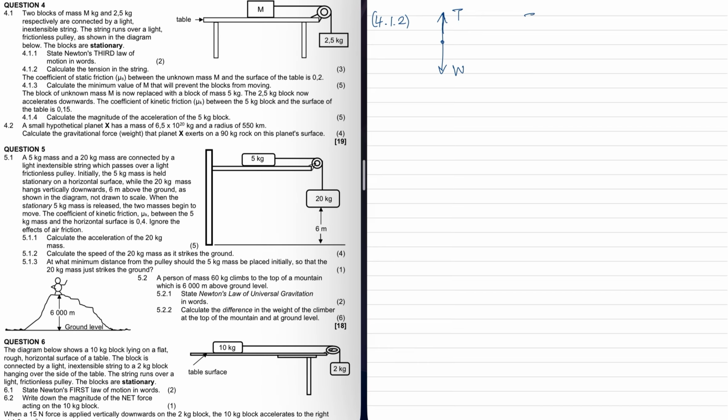Because it's stationary, the tension is equal to the weight. So the tension is equal to 2.5 times 9,8, which is equal to 24.5 newtons.